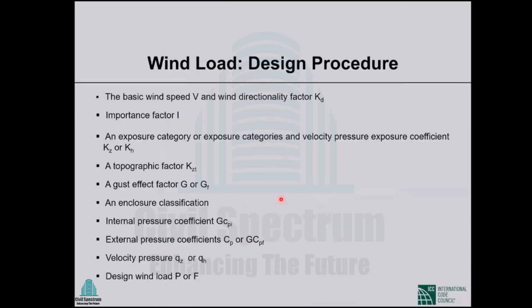Wind load. Okay. Wind load, the procedure has been changed completely. In the previous version, it was different, a bit simple, much simpler than the present version. The present version of BNBC follows exactly ASCE 7-05. So all the steps are absolutely similar to ASCE 7-05.